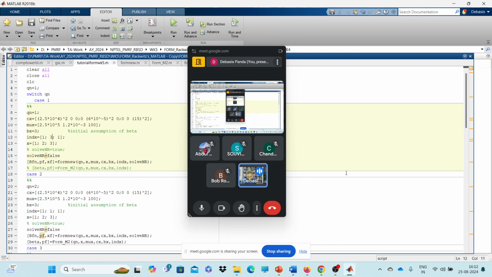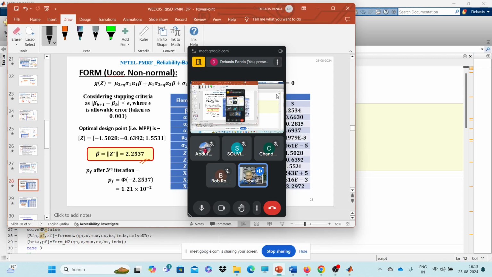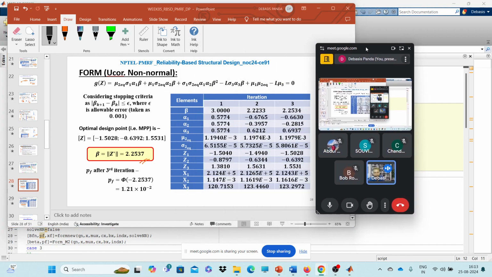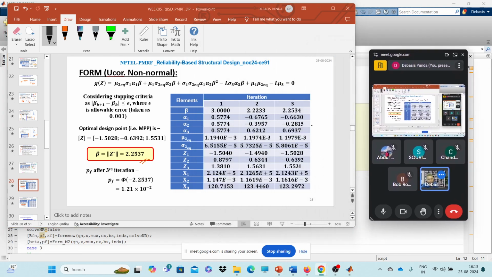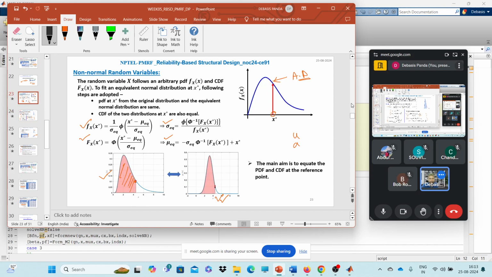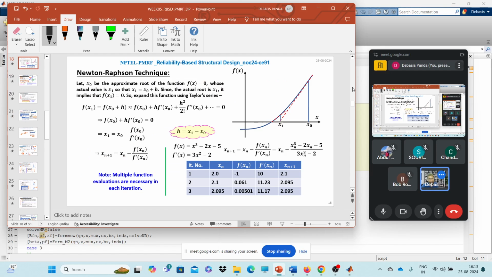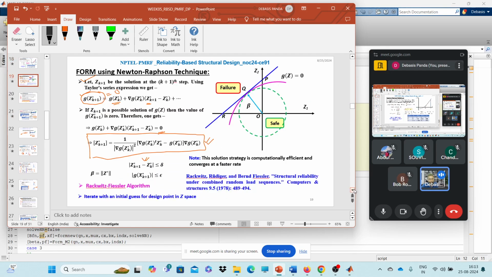Okay, and make the code for it. What was the logic of it? Here we need to solve beta algebraically, and for the Rackwitz-Fiessler algorithm we will solve it using numerical techniques.